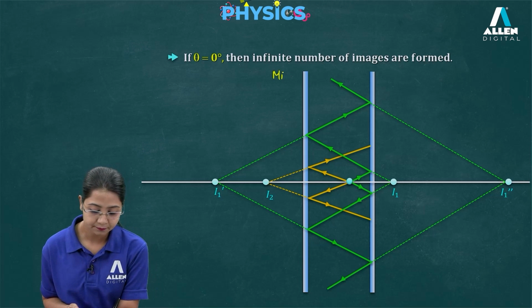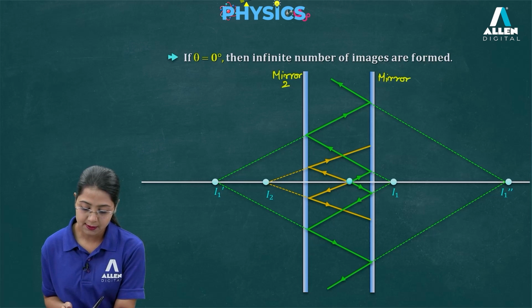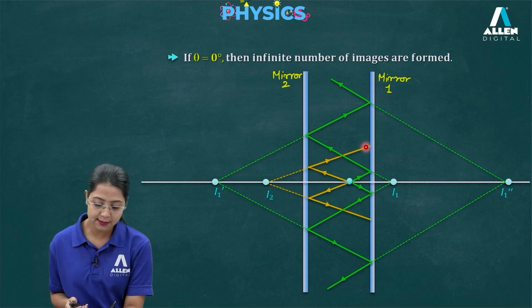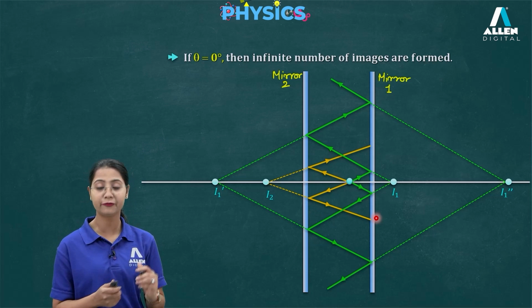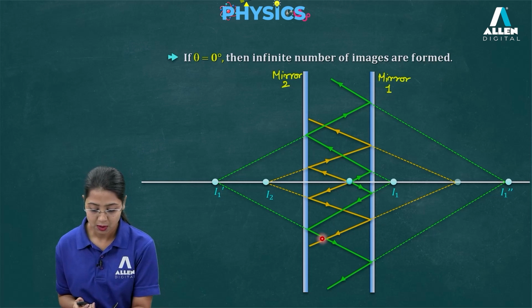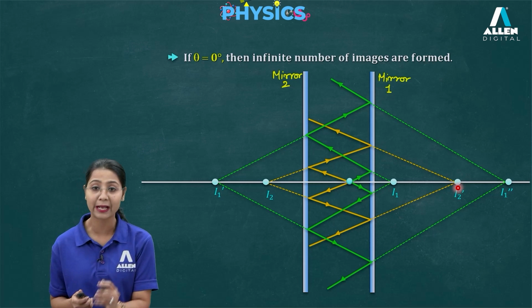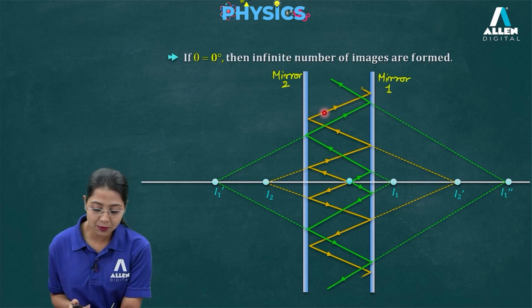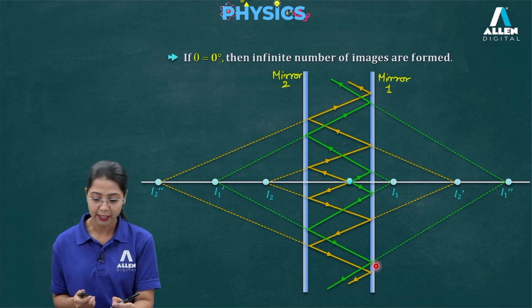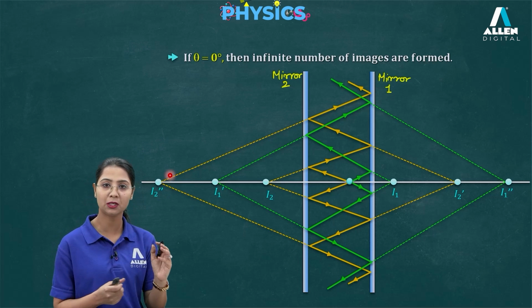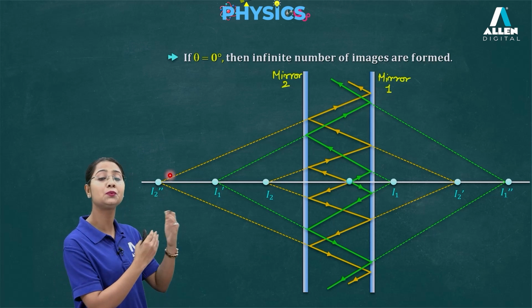This is mirror 2 and this is mirror 1. From mirror 2, this is a reflected ray, but it becomes an incident ray for mirror 1. Definitely it will reflect again, and by extending these rays behind the mirror, we will find I2 dash. Again it will reflect, and we will find one more image. That means this process will continue.